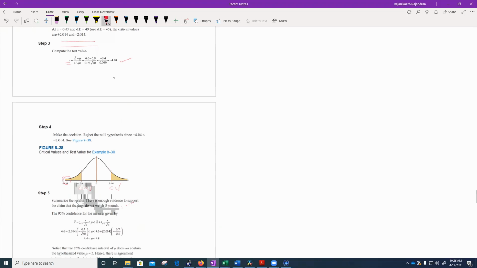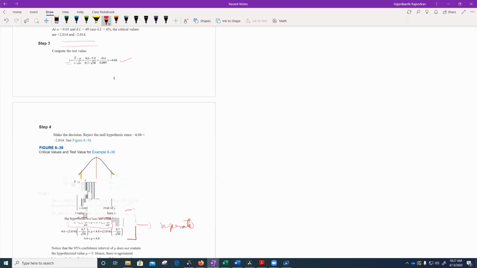Now we combine this answer with the confidence interval. This part right over here is a separate problem, right? You have to use the confidence interval formula we learned in chapter 7, the confidence interval for mu when sigma is unknown. So we had this formula, remember?